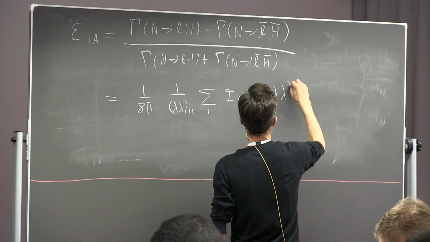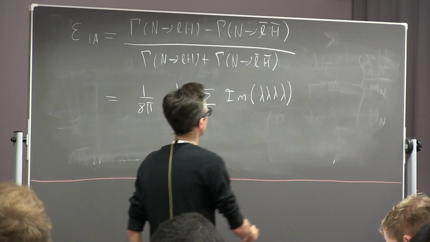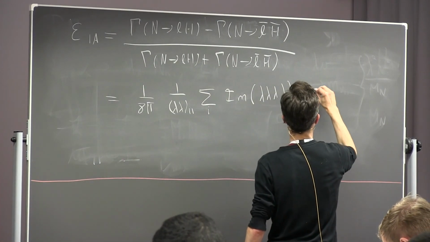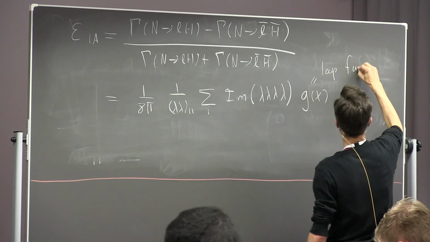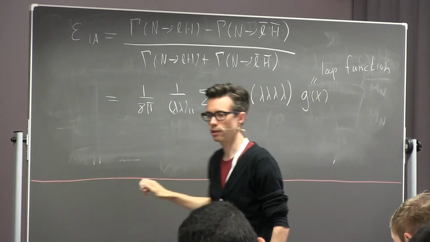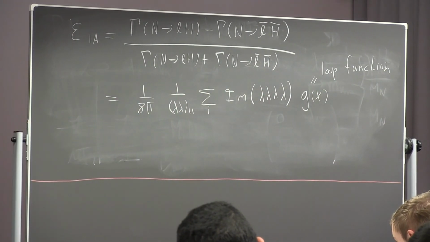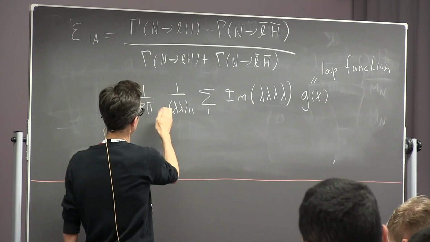Okay, so you can look at my notes for the precise expression, but I have some loop function piece. I have something that depends on the couplings, and specifically, it's a combination of those couplings that involves a phase that I can't get rid of through field redefinitions, and then the rest is just normalization factors.